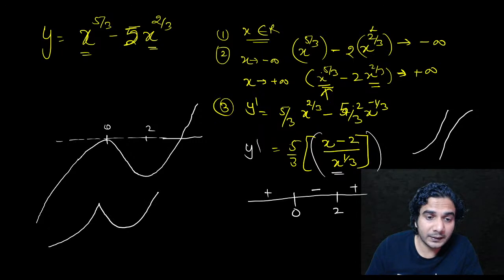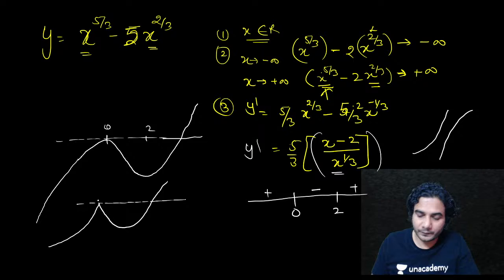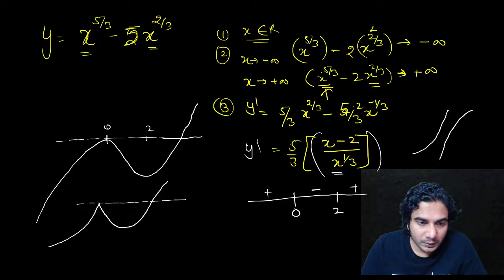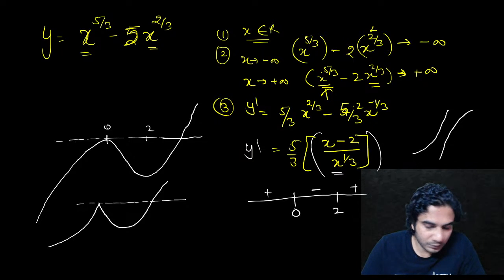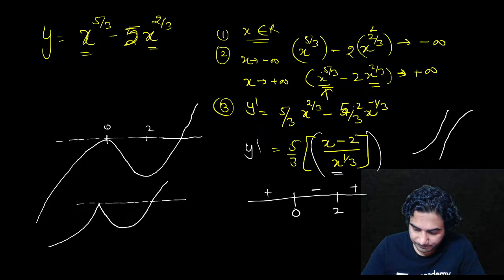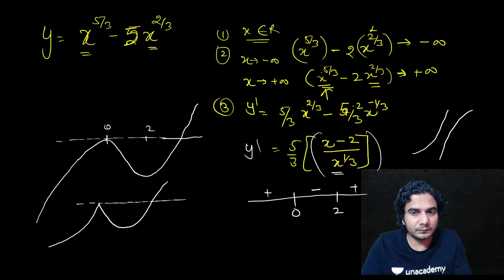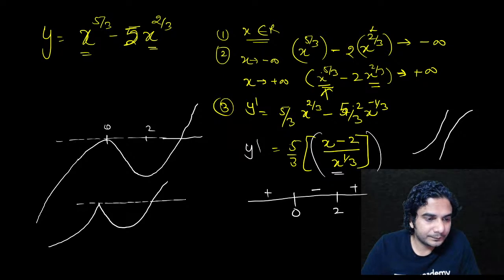Actually it might be like this, because it is not differentiable at 0, so there will be a corner at 0. Got it?